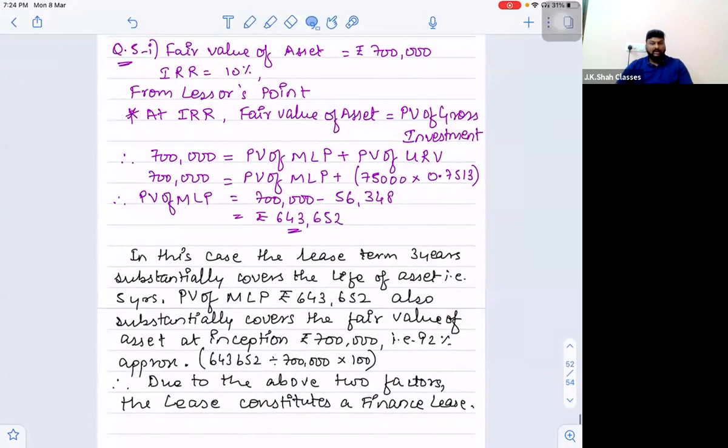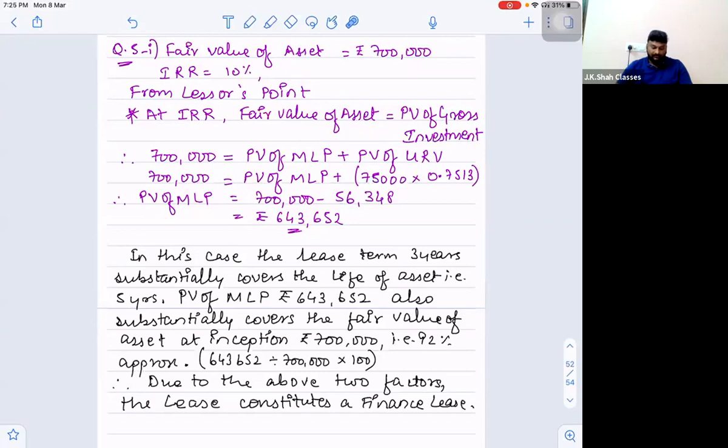Okay. Now this is the theoretical content that you have to write and to state that yes, it's a finance lease. In this case, the lease term is 3 years. In this case, the lease term 3 years substantially covers the life of asset, that is 5 years.